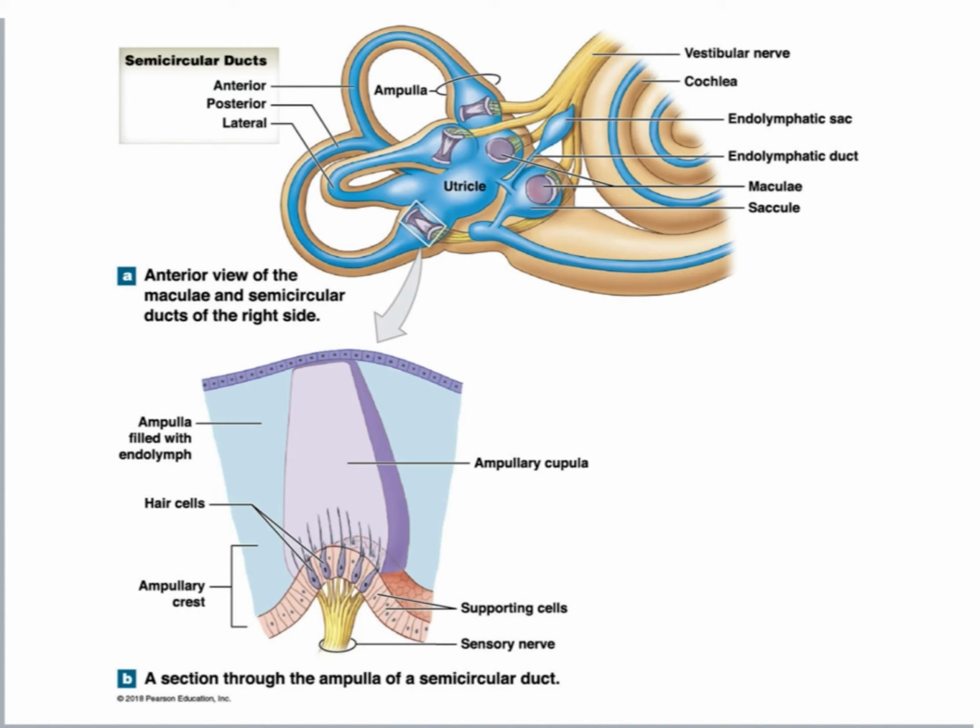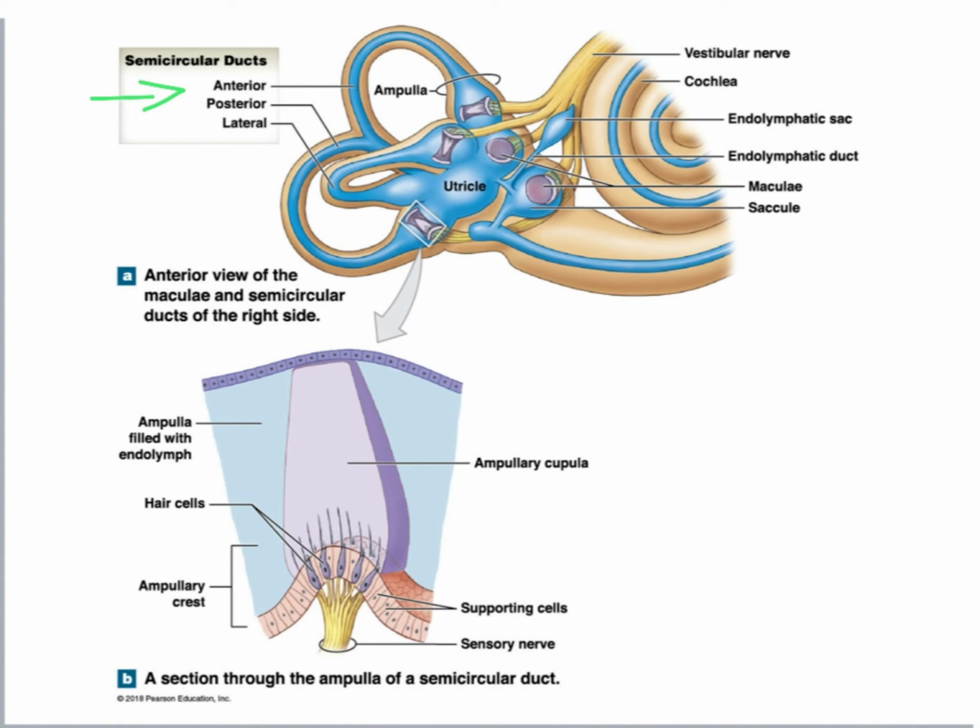Okay, so we just learned about the utricle and saccule, and they are the ones that inform us about linear motion. But we can also feel rotational motion. And the structures that allow us to be aware of rotational movement are the so-called semicircular ducts. The semicircular ducts are called semicircular because they are actually semicircles that project off the vestibule.